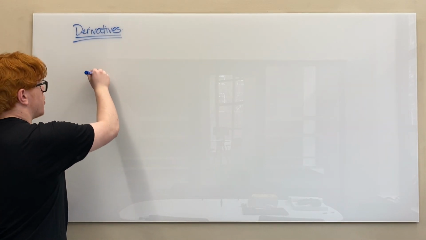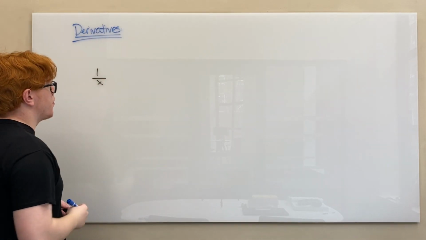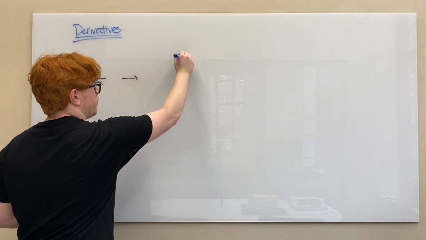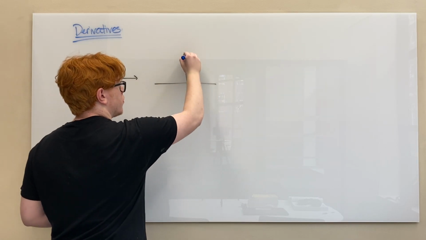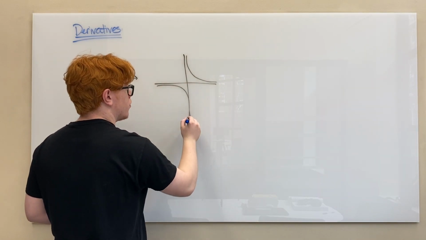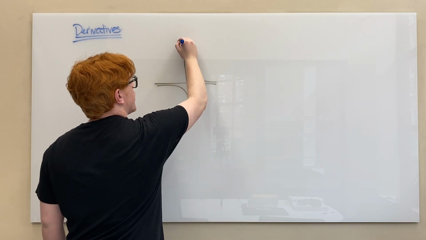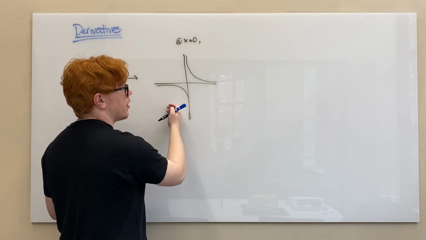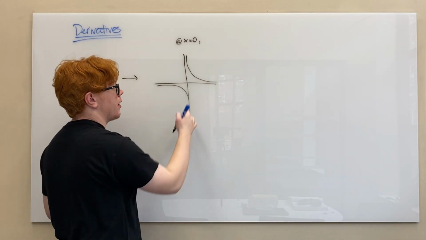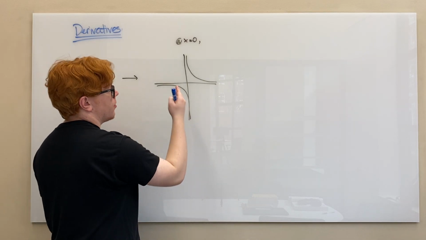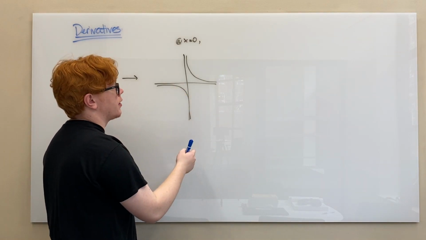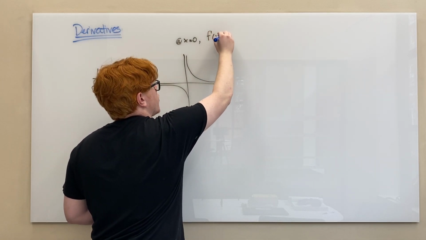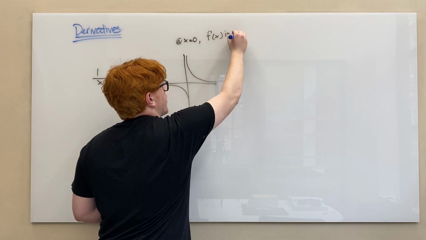So for example, the function 1 over x, which looks like this, notice how at x equals 0, the limit from the right doesn't equal the limit from the left. We get positive infinity, negative infinity. What is going on? What does the slope look like at this point? Well, we just say it's undefined.